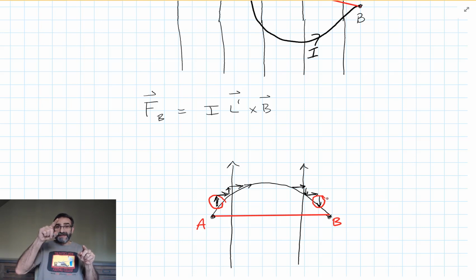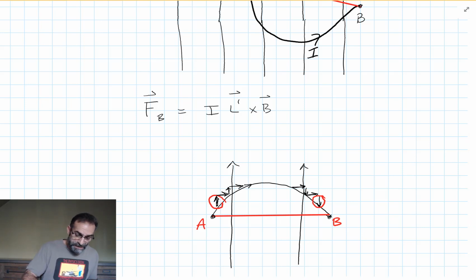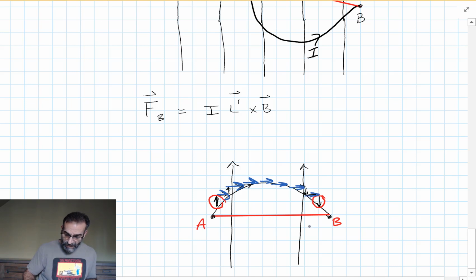So if we move away from it, we have to move back toward that line. And the force on one of those is going to be opposite to the force on the other one. So all those cancel out. And the only thing that matters are the components that add up in the same direction. And what do you get when you add those up? You just get the straight line path from A to B.